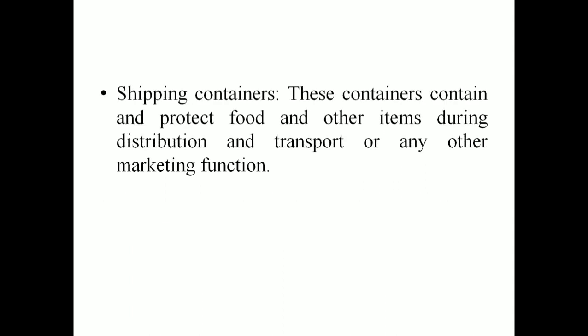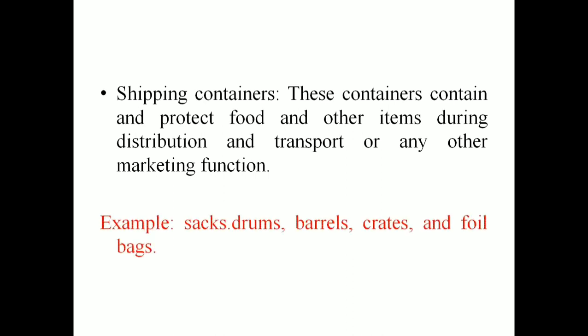Let us see the shipping container situation. During distribution and transportation, there will be shipping containers. When selling the product into any other marketing area, there will be shipping containers. I will show you some examples, like sacks, drums, even barrels.